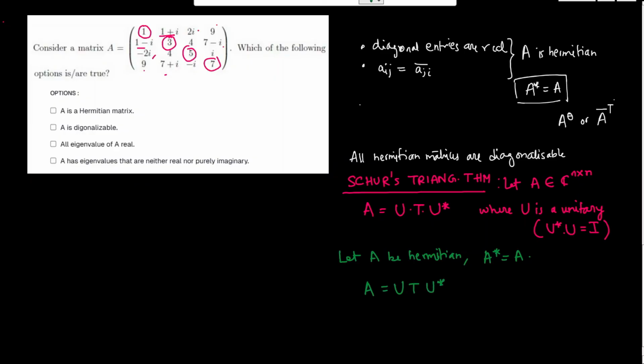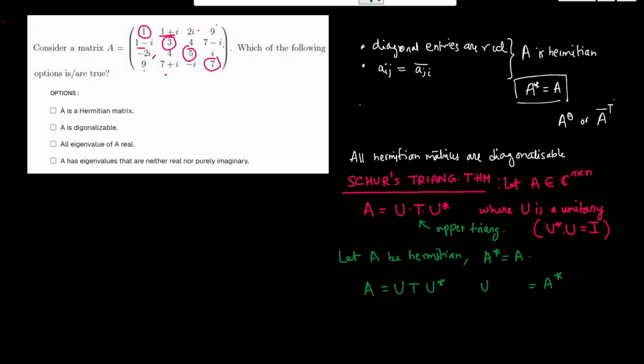Okay, I forgot to mention that T here is an upper triangular matrix. Okay, so T is upper triangular. Now, since A can be represented in this way, you can represent A star to be U star star, which is again just U, right?